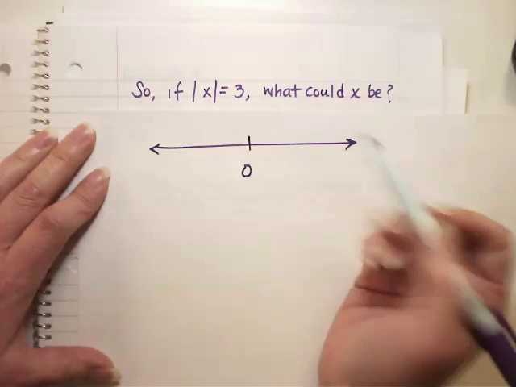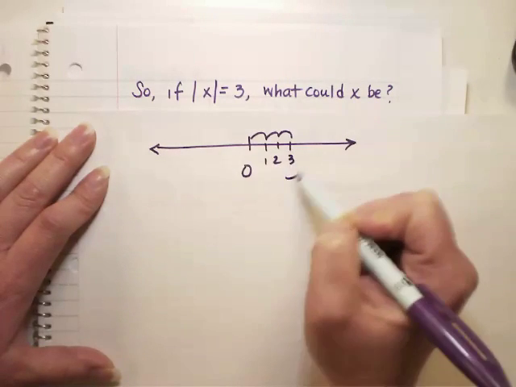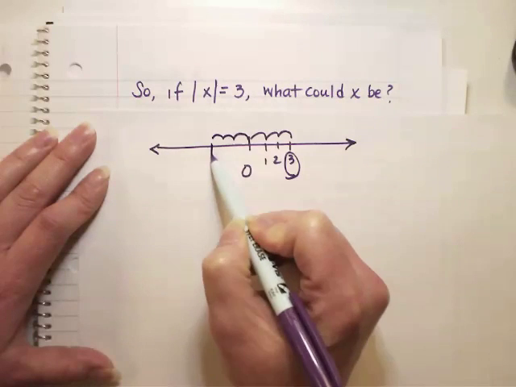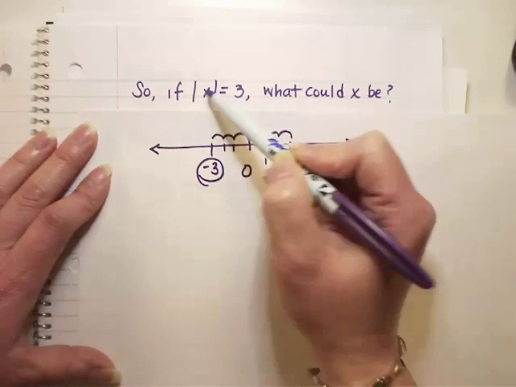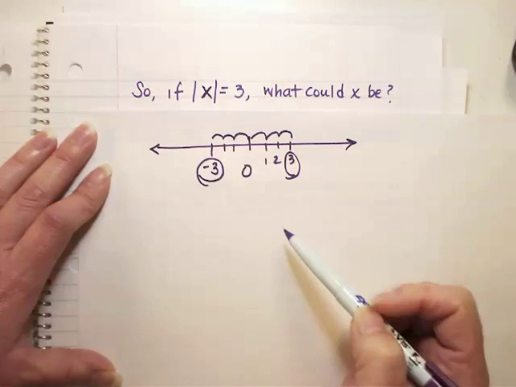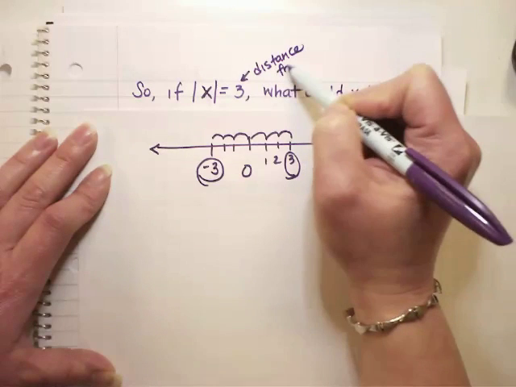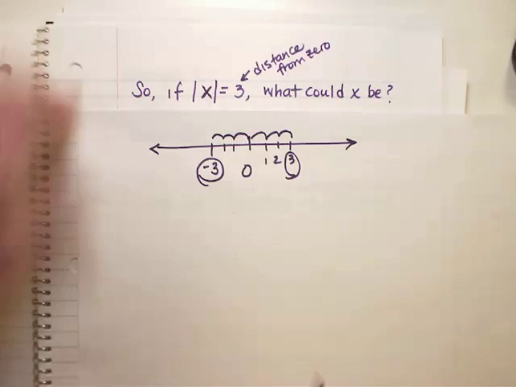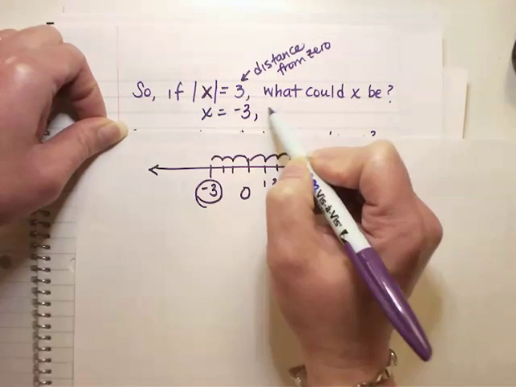If I'm 3 hops away, 1, 2, 3, I could be here at the number 3, or I could be 3 hops away the other way, 1, 2, 3. I could end up at the number negative 3. Okay? So what could this number be on the inside? In other words, this 3 here is the distance from 0. So what is 3 away? It could be negative 3 or positive 3. So I could say my x could be negative 3 or it could be positive 3.